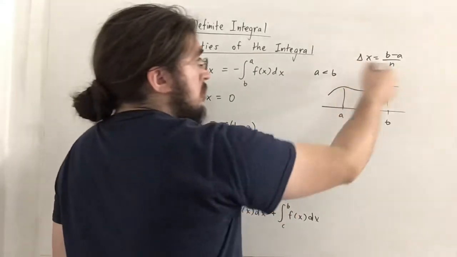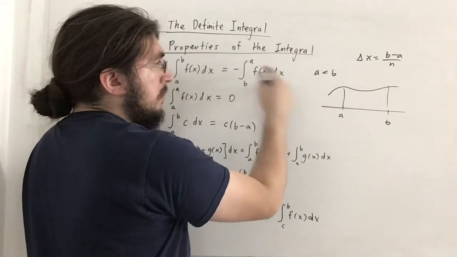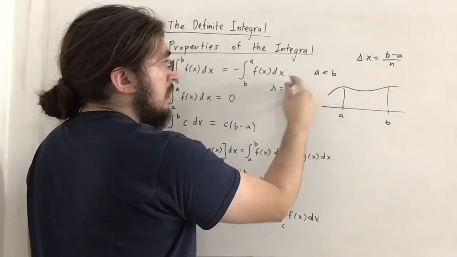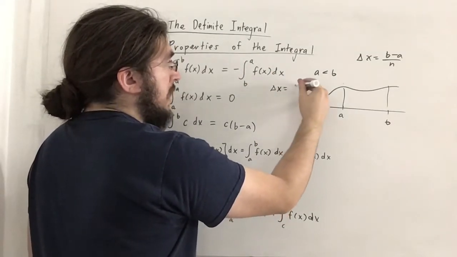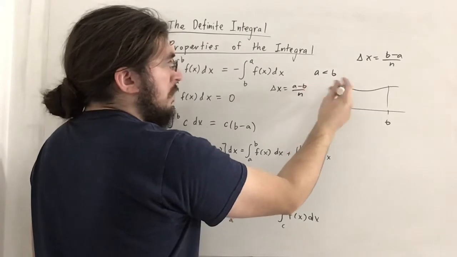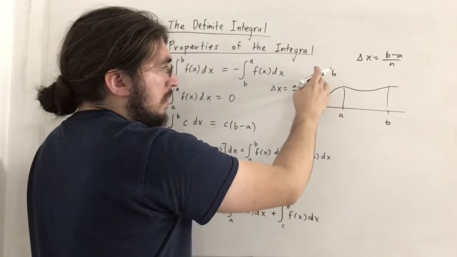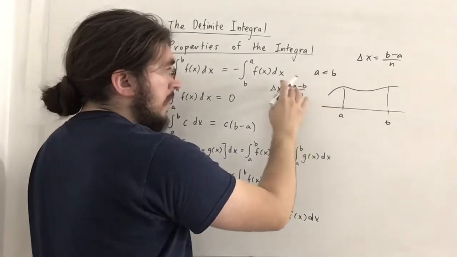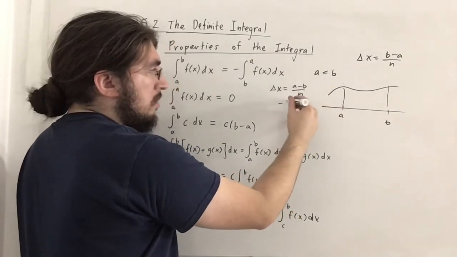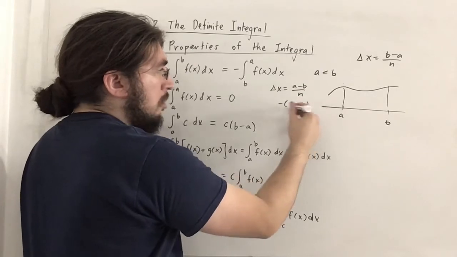So this is for the usual case, but for this particular instance, the delta x we'd be using would be equal to a minus b over n. But even if a is bigger than b, or even if a isn't bigger than b, it doesn't really matter, because this is just equal literally to negative b minus a all over n.